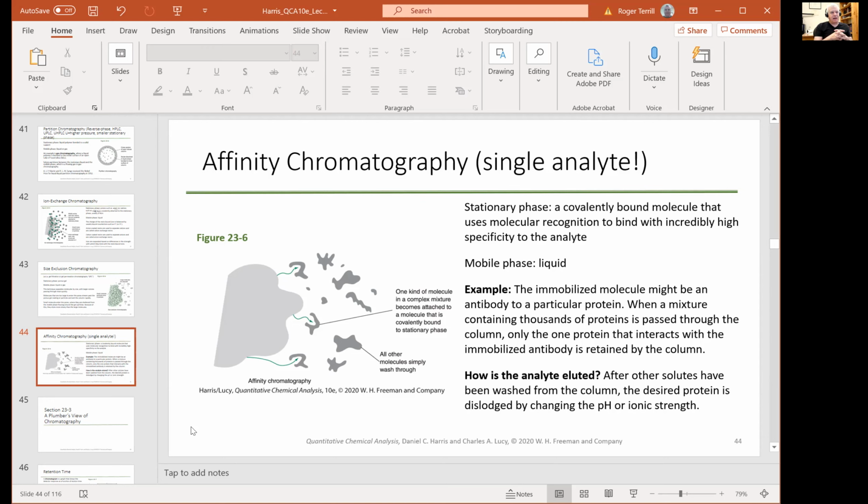The way they do that is they get a rabbit and shoot it up with the antigen, the PSA or the human gonadotropin, I think, is what the pregnancy test measures, or whatever they're looking for.